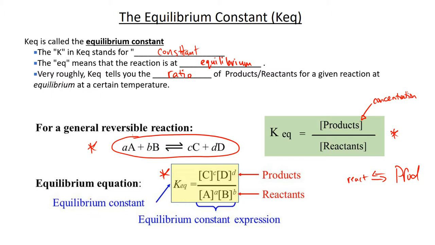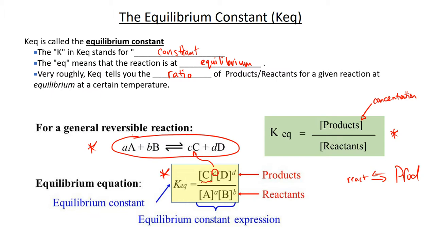Looking at this general reaction, this is how we're going to calculate our KEQ value. For each of the products on top, in our numerator, we've got the concentration raised to the power of the coefficient in front of it in the reaction. That's why we need the balanced reaction.